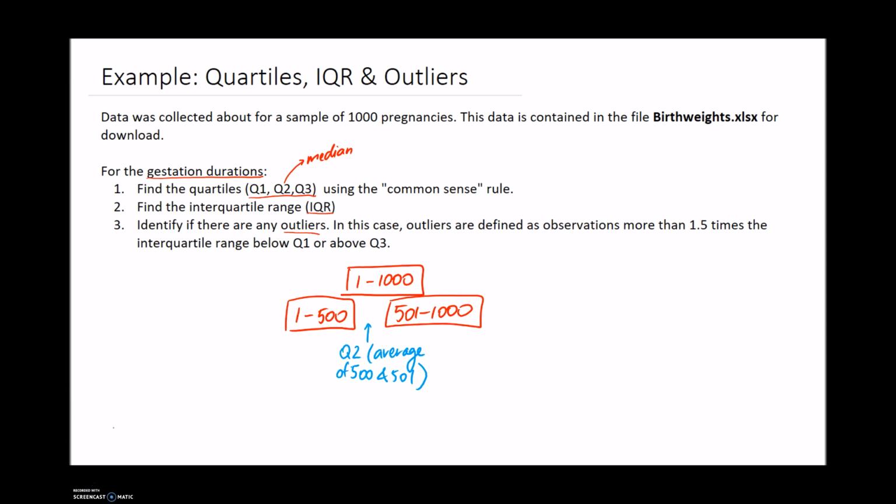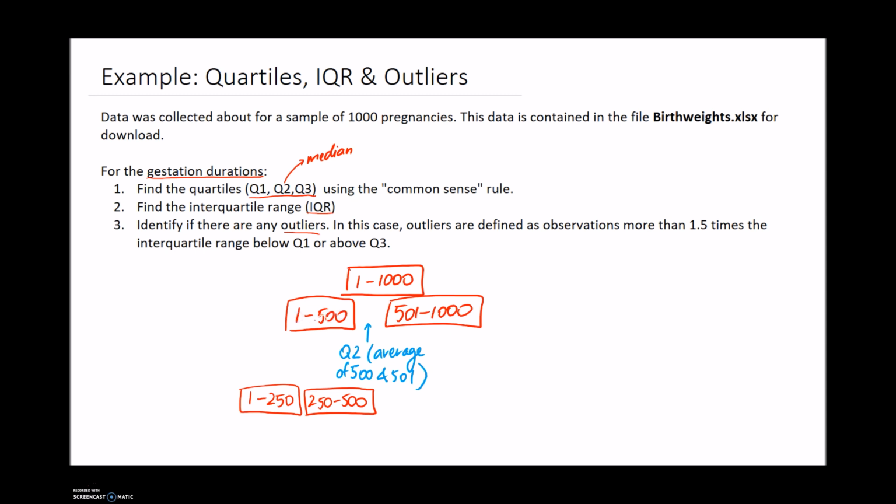We can apply the same method. Q1 is going to be the middle value for the first half of the observations. If we divide it like we did here, the first half of the observations would be 1 to 250, and the second half would be from 251 to 500.